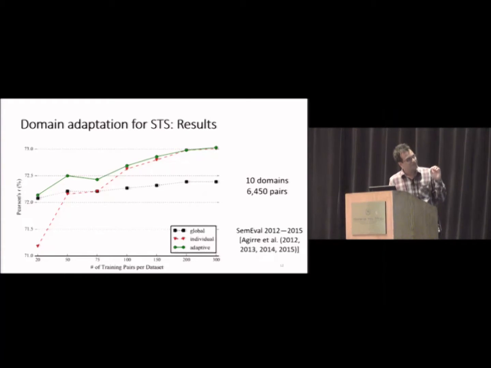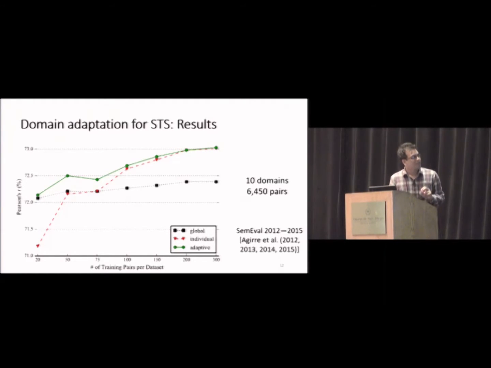The metric here is average correlation with human annotations across 10 different domains. The domains in our experiments were, for example, forum question and answers, image captions, news headlines, and so on.